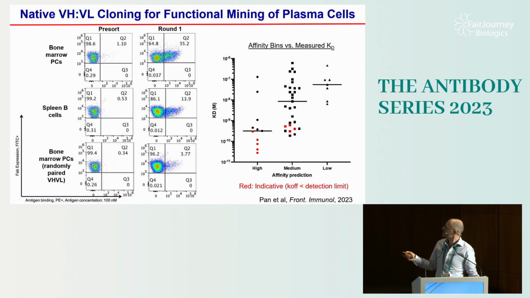In red are those antibodies that had a really high K-off. I'll just point out that some of the antibodies discovered using this approach were just as good in terms of affinity as the best that our partners at Sanofi had against this target. That was really exciting to see, that we were able to get those really powerful antibodies.